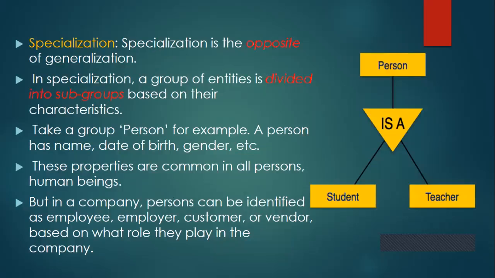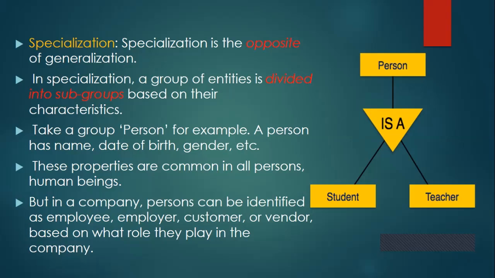Next is specialization. As I've said, a human is a generalization of women and men. Let us see this example. You have a person, which is a student or a teacher.